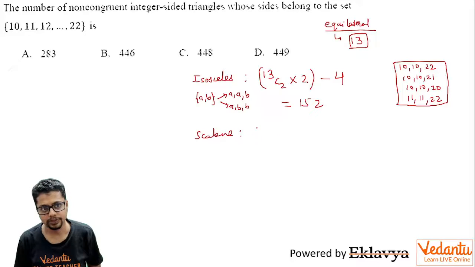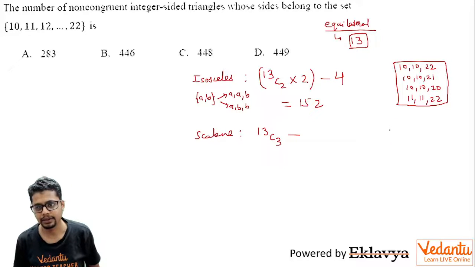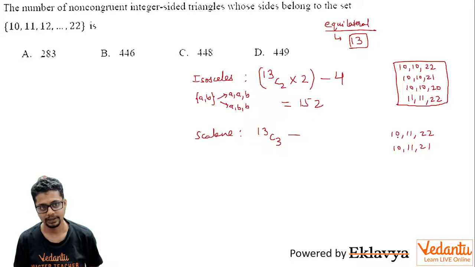Out of these 13 numbers, you can select any three numbers, minus, again on the same lines, some selections that would be rejected, like 10, 11, 22: the sum of two sides is less than the third side. And mind it, it is a scalene triangle, so no side length is repeating.